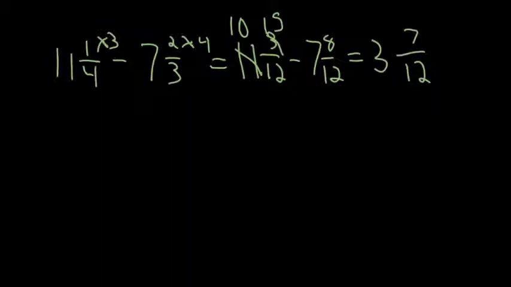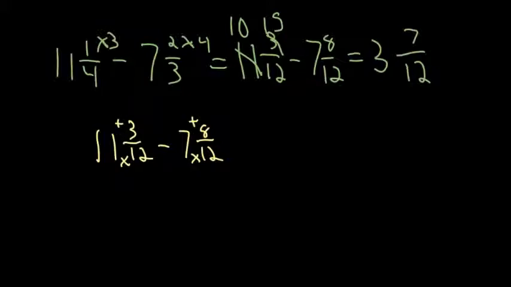If I chose not to do that as borrowing and chose to do improper fractions, let's see what that would look like. So that's 11 and 3/12 minus 7 and 8/12. So I need to make these improper fractions.